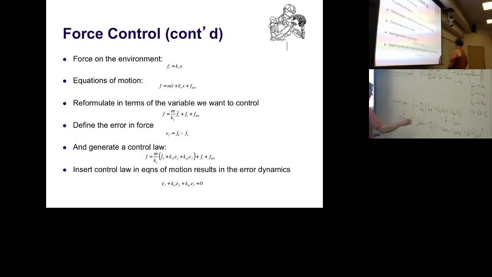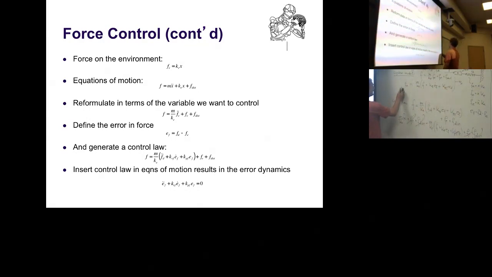And just basically summarizing what I'm left with here is M over Ke Fe double dot equals M over Ke times F desired double dot plus K. Well, it's essentially just a PD controller in force space. Nothing we haven't seen, we just haven't applied it to the idea of forces.